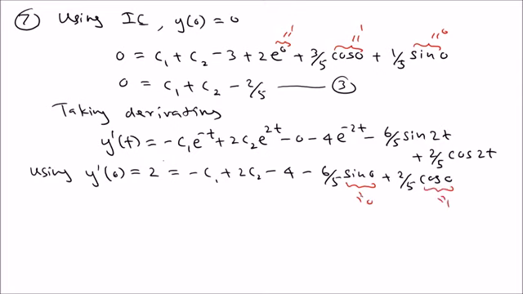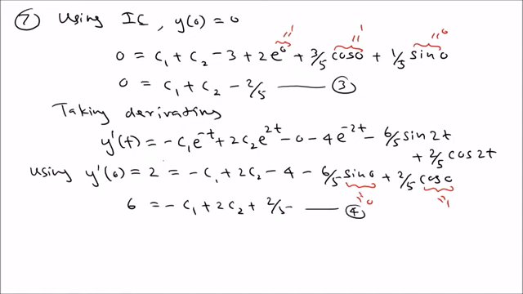Okay, so if you plug in the values, because again this is 0 and this is 1, if you move the negative to the other side, you get 6 equals negative c1 plus 2c2 plus 2/5. I'm going to call this equation number 4. Now we can add them.